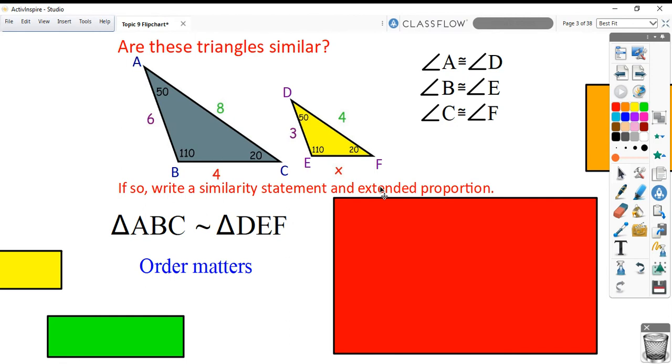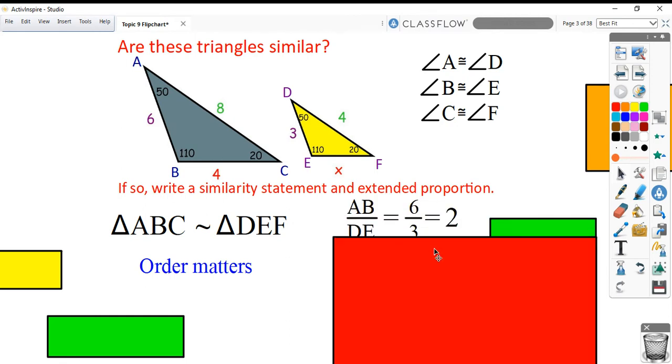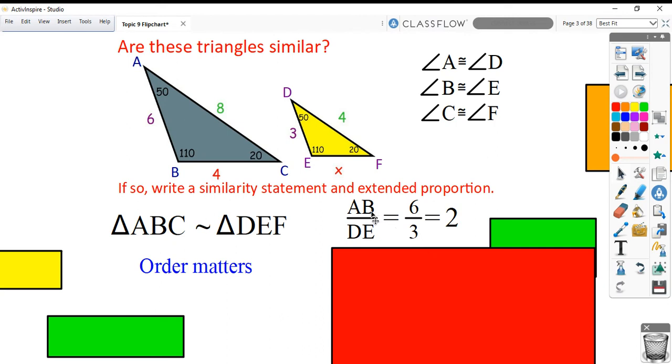So next we talk about an extended proportion. What that means is that when we compare the side lengths, AB and DE, AB is a length of 6, DE is a length of 3. If we put that as a proportion, a proportion is just a fancy word for comparing numbers in the form of a fraction, the ratio of 6 to 3 equals 2.